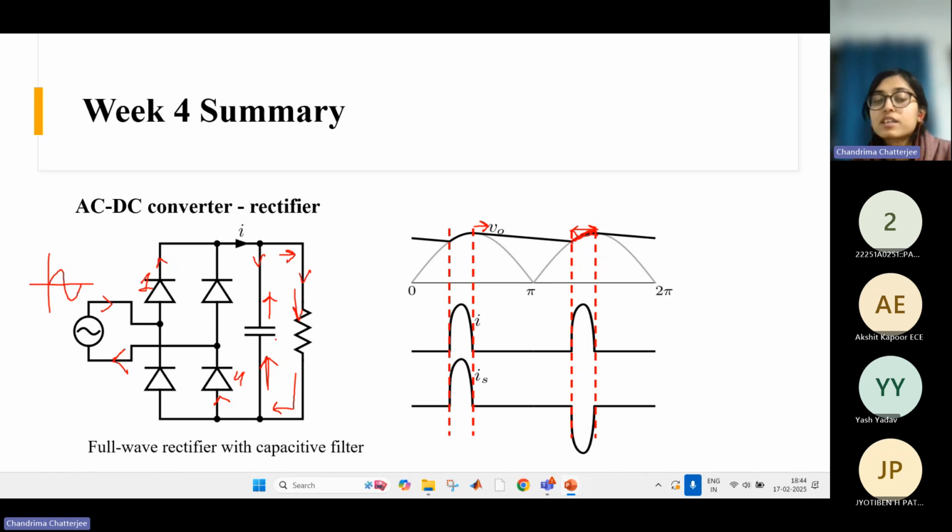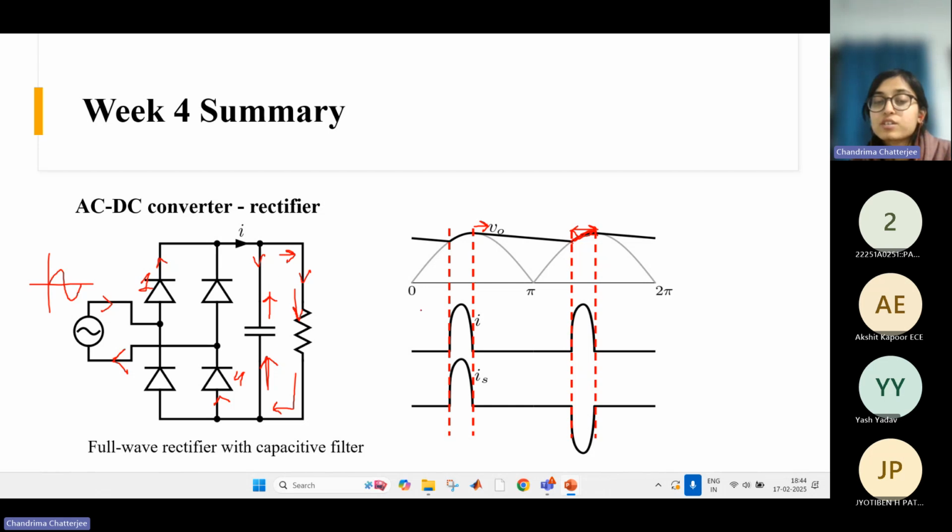Why? Because you are connecting a capacitor, which is again a kind of voltage source, in parallel with another voltage source, and they have a difference of voltage, right? When you parallel two voltage sources which have a difference in potential, obviously a huge current will flow from the higher potential one to the lower potential one.